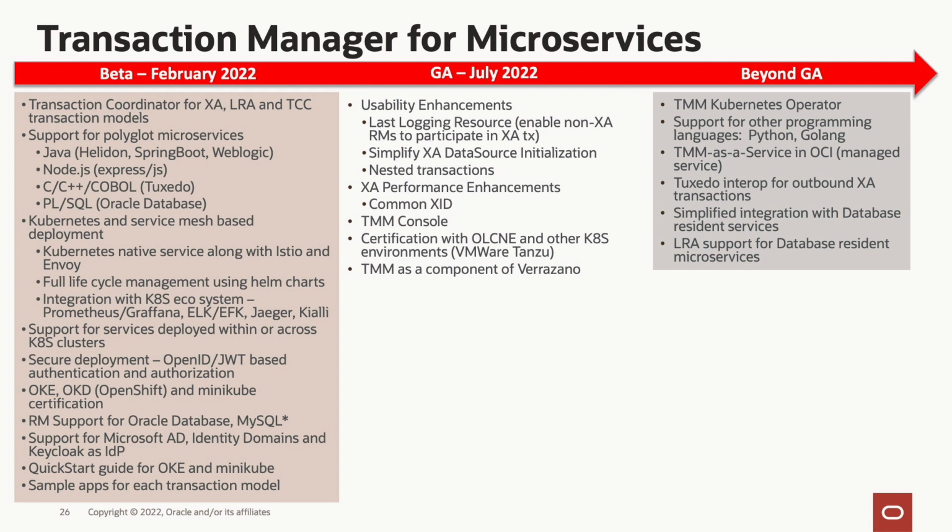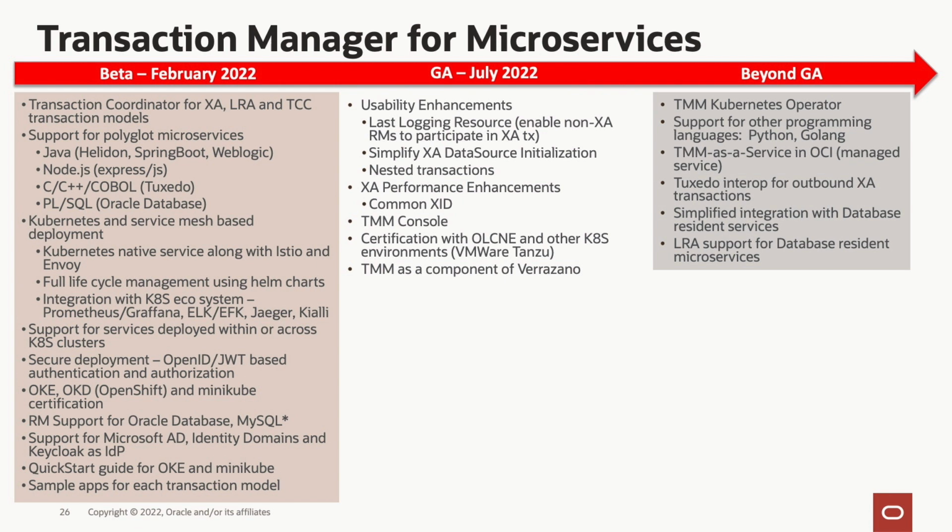So within an LRA, you should be able to have an XA transaction nested. And the performance enhancement, the common XID, so we don't have to do two-phase commit. We can just do one-phase commit if all the participant microservices are talking to the same RM. So that's one of the optimizations with Oracle database, as well as others.